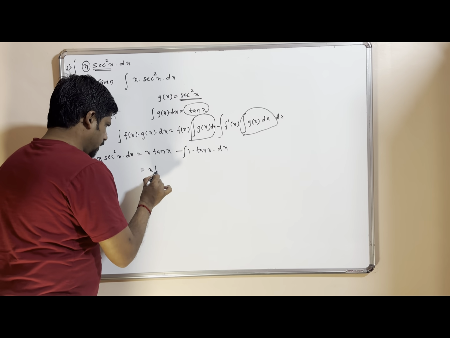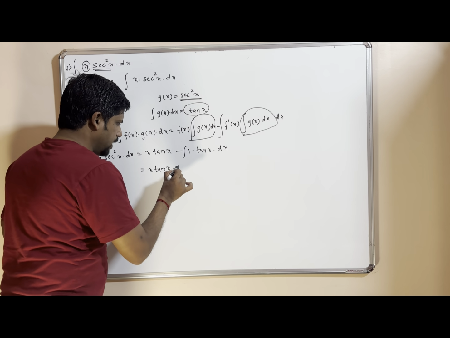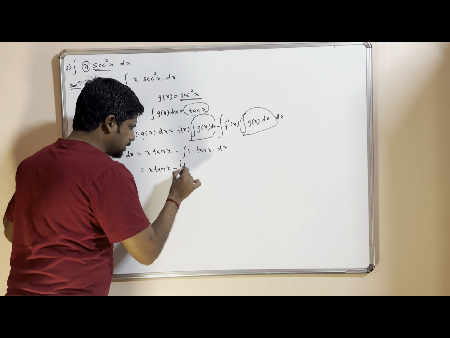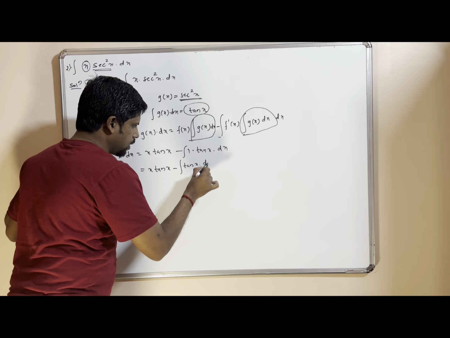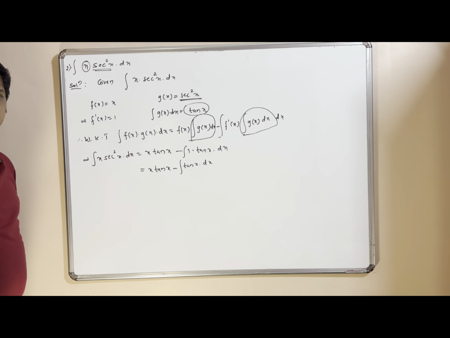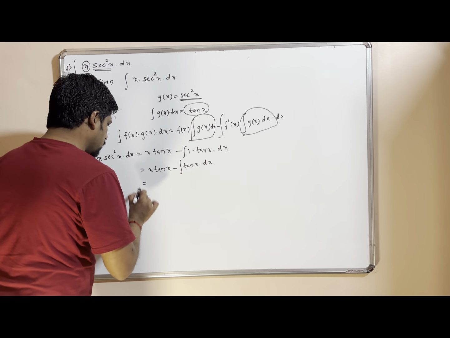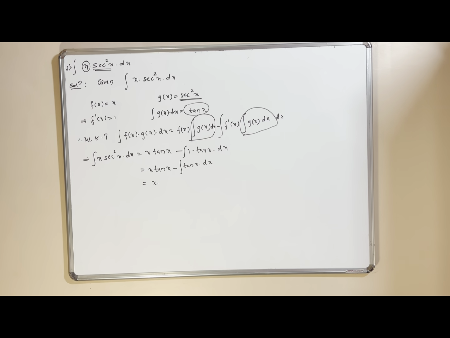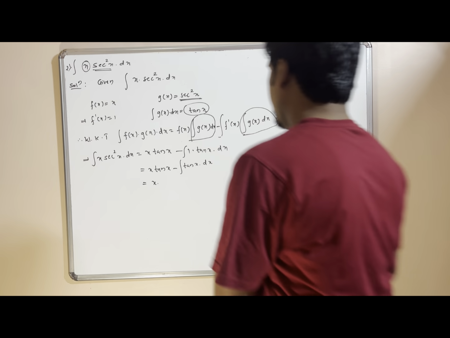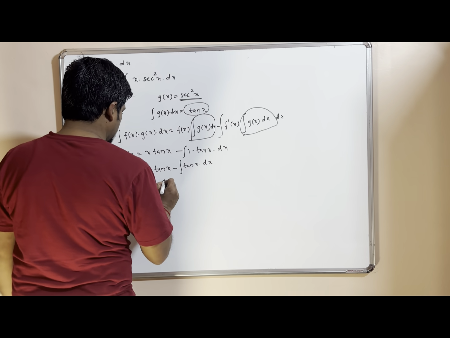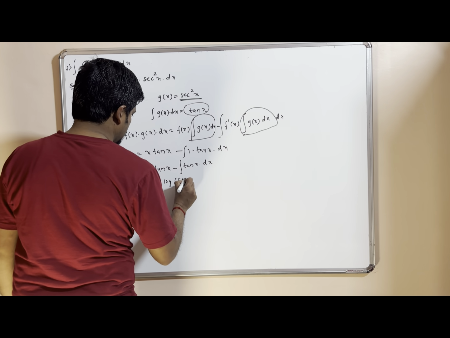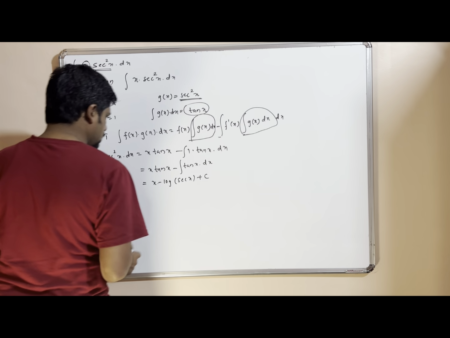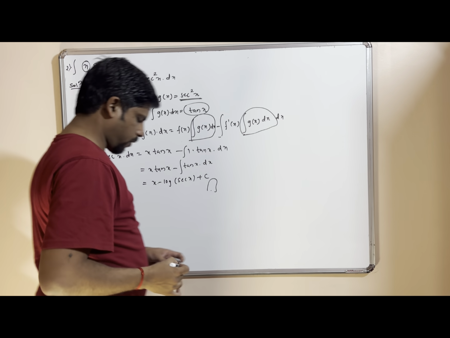So x into tan x minus integration of 1 into tan x, that is tan x into dx. Integration of tan x is minus log of sec x plus c, which is the required solution.